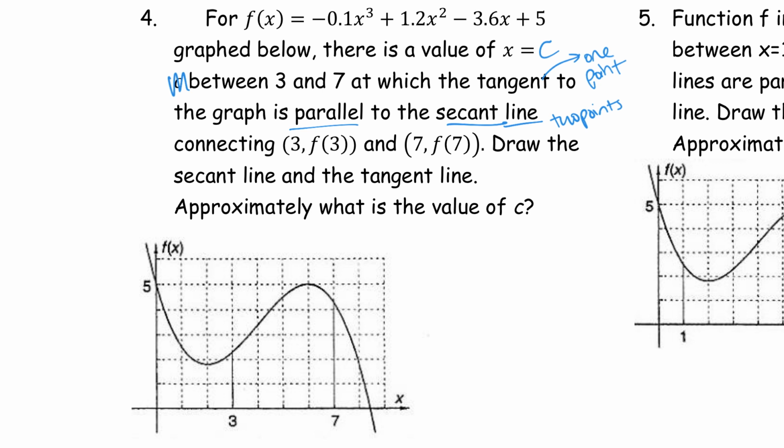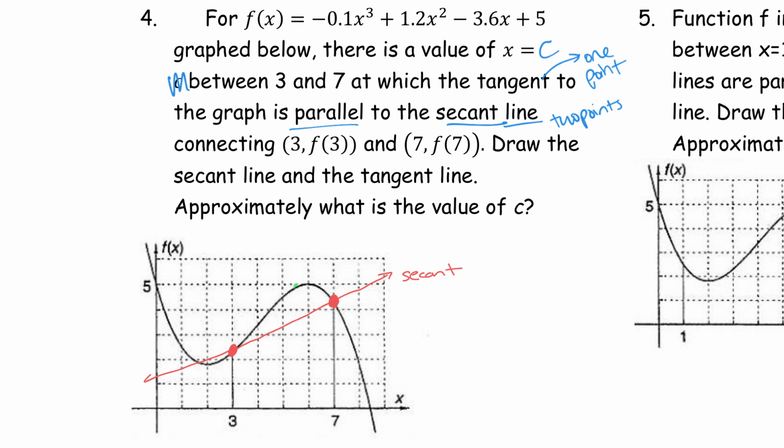So we've got this point at 3 something and the point at 7 something. The secant line is going to connect these 2 points. This is my secant. The tangent should happen somewhere between 3 and 7, where you're going to be parallel to the secant.